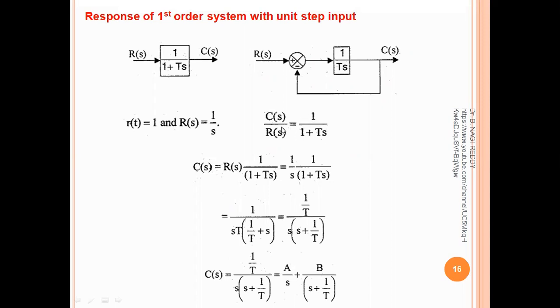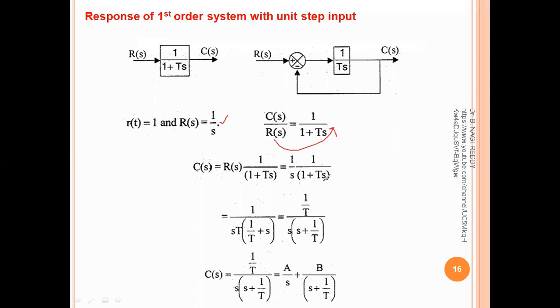So this transfer function is multiplied by r of s to get the C of s. So bring this r of s to this side. If you bring this r of s to this side, then r of s into 1 by 1 plus ts, right? Now we know what is r of s, which is 1 by s, right? So substitute 1 by s in the place of r of s.